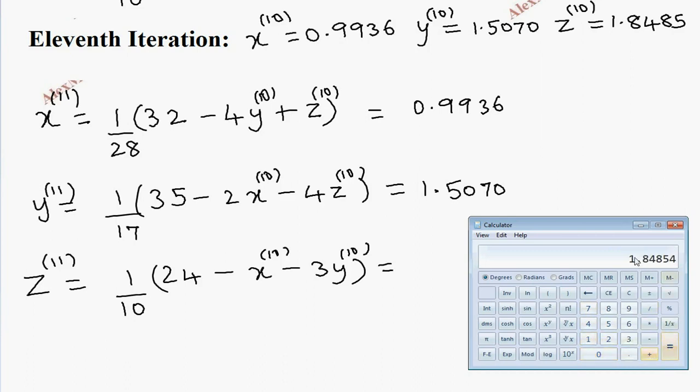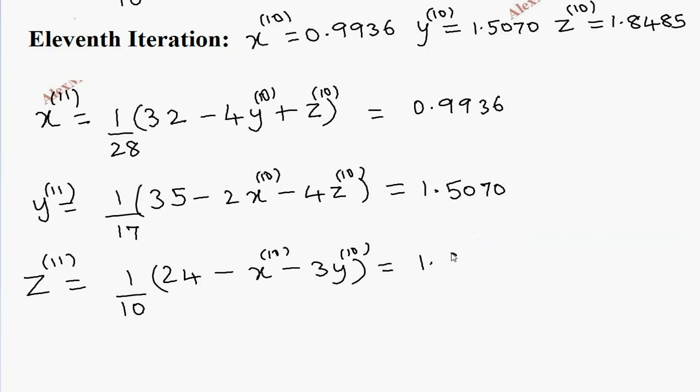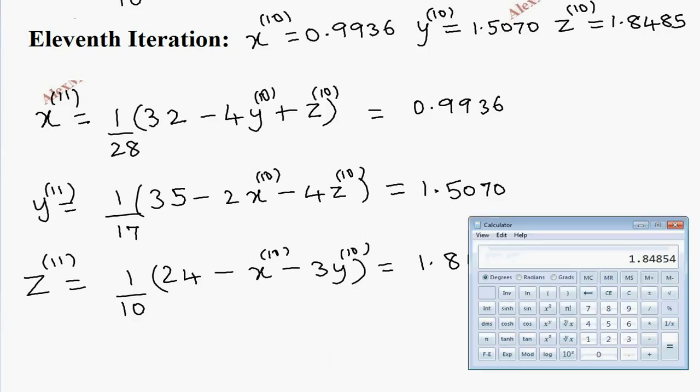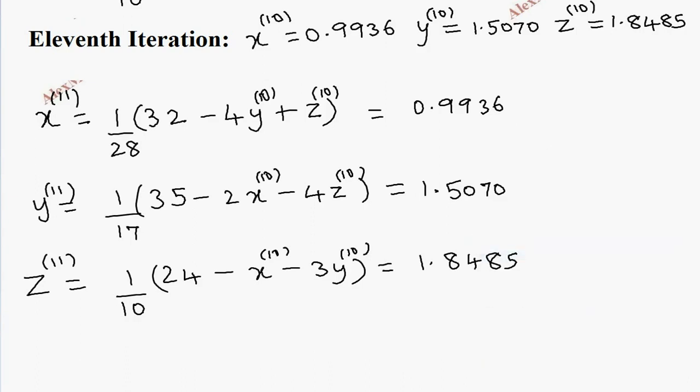So we are getting 1.8485 after rounding off to 4 decimal places. So now we notice the values of the 10th iteration and 11th iteration are the same. Therefore, we can conclude the solution.